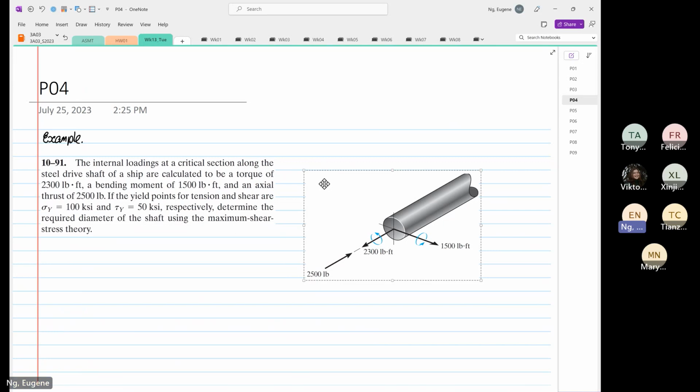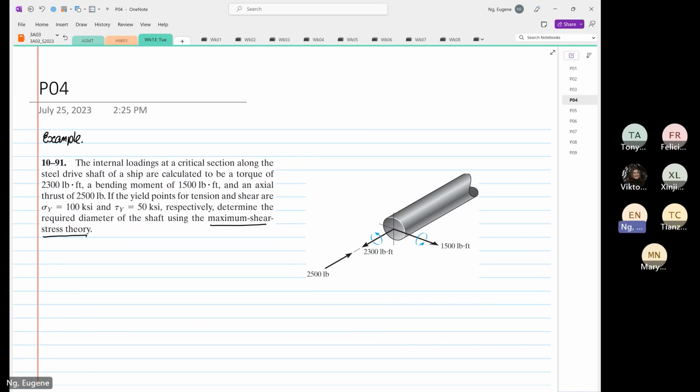If the yield stress for tension is 100 kilopascal and the shear yield is 50, determine the required diameter of the shaft using the maximum shear stress criteria. Okay, so given that we have to use the maximum shear stress theory.